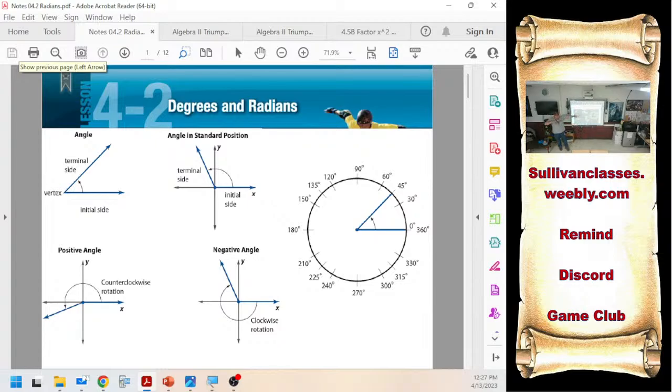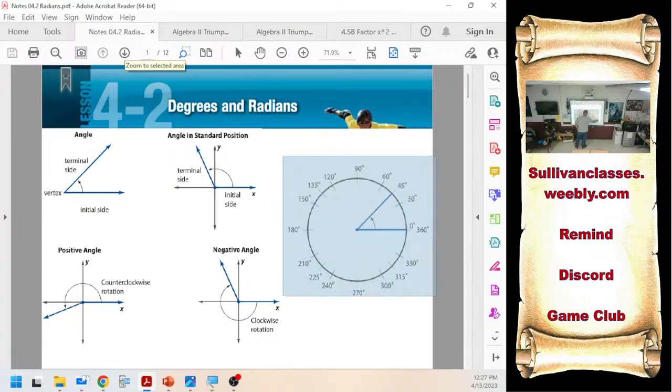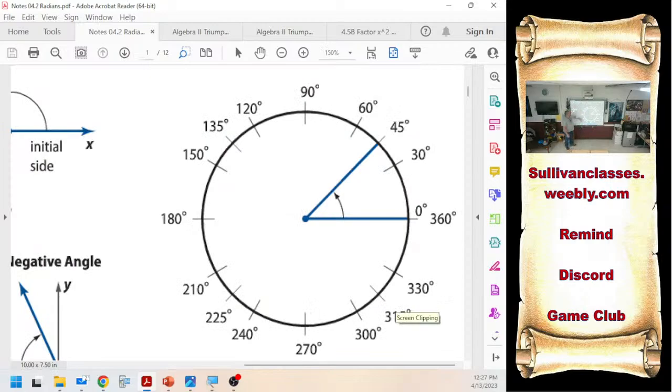Starting with a circle, we all know is 360 degrees. Do you know how to break that circle up into the various measures that are important? I want you to look at those numbers and tell me, what do you notice about the pattern between them? Like, what are they counting by?